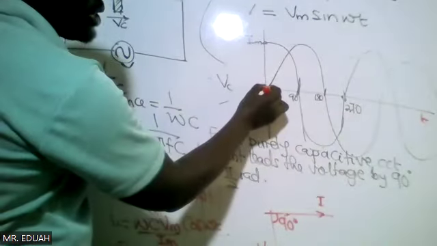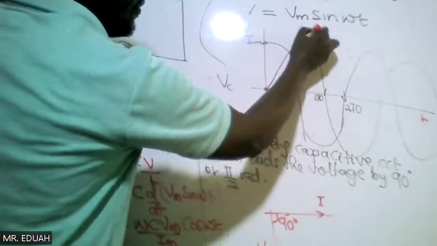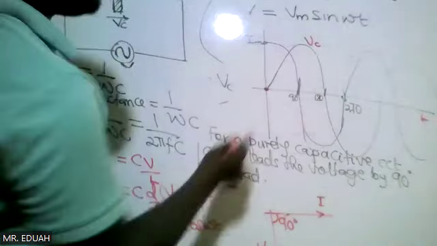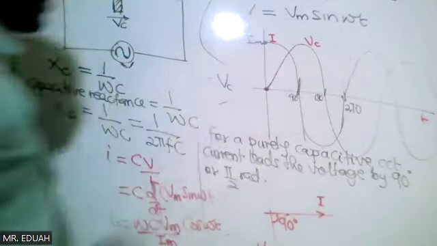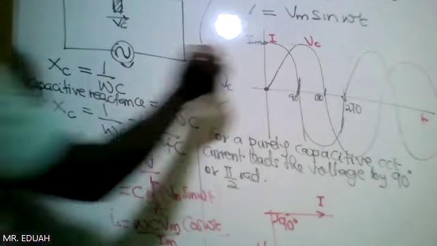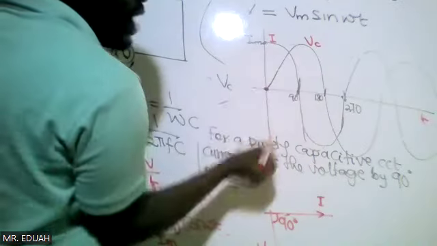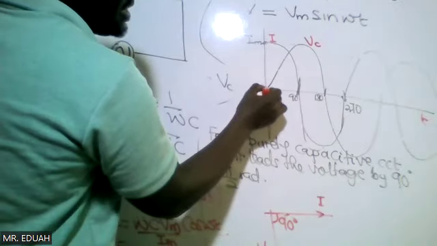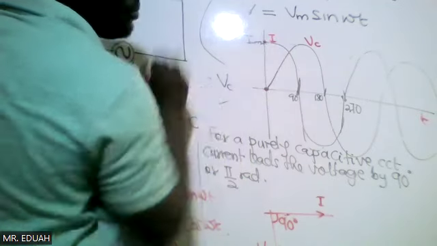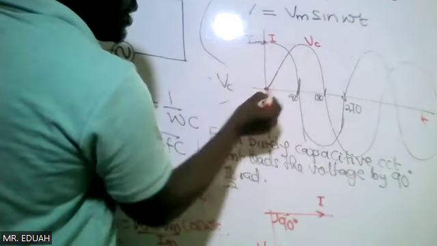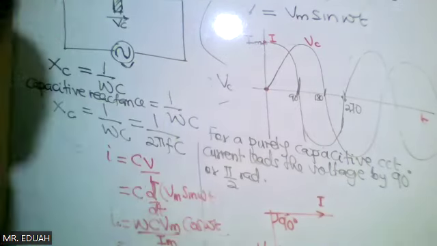So this is actually VC, whereas this graph is I, the current flow. So the current always leads the voltage. How is that seen? When voltage is 0, vertically, current is maximum. Horizontally, when voltage is at an angle of 0, current is at 90.